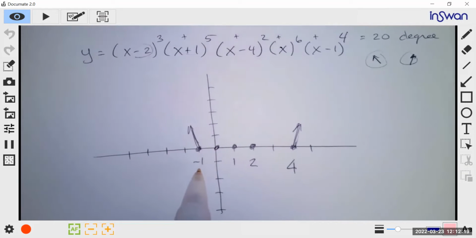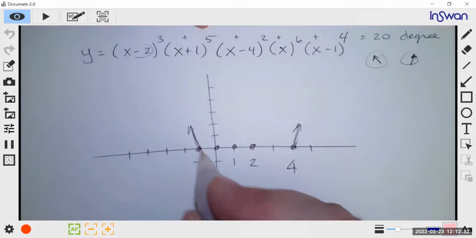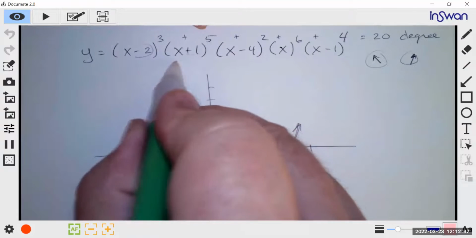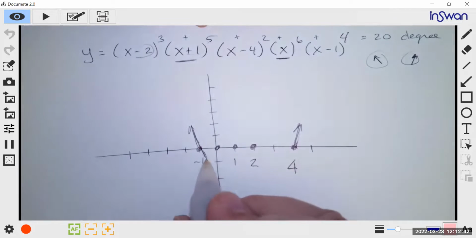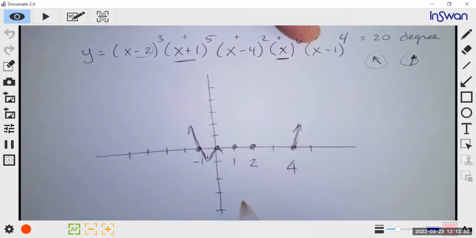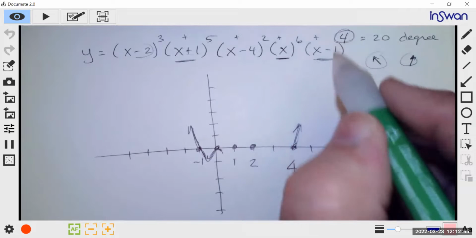Now, what happens at -1? Does it bounce or go through it? This one is odd. It goes through. Since it's odd, it goes through it. What happens at 0? What happens with this one? It bounces. At +1, the multiplicity is even.